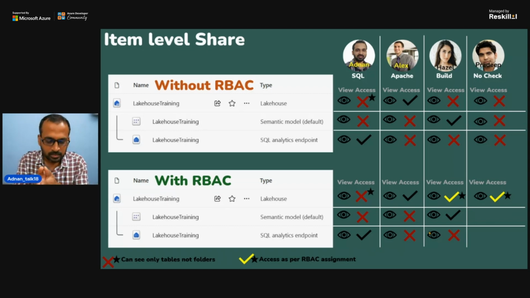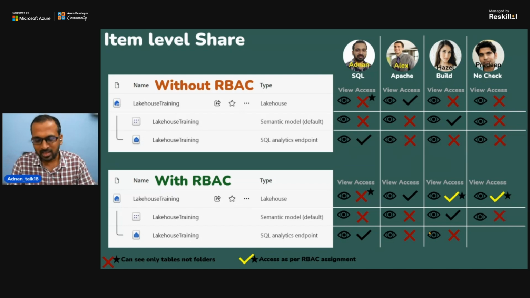The reason is that if you are sharing a lakehouse with any people in your organization without workspace access, just item sharing, and if you're adopting role-based access control, then you have to again apply those user details in the role-based access control, because it's an additional layer of security which you are applying. So you need to share in both areas. You need to share the item, and you need to apply it in role-based access control if you have enabled that option in your lakehouse.